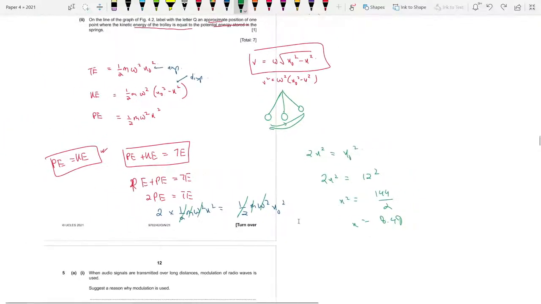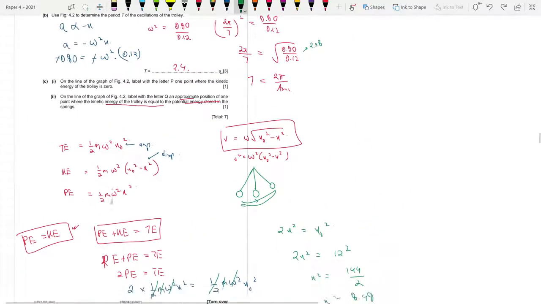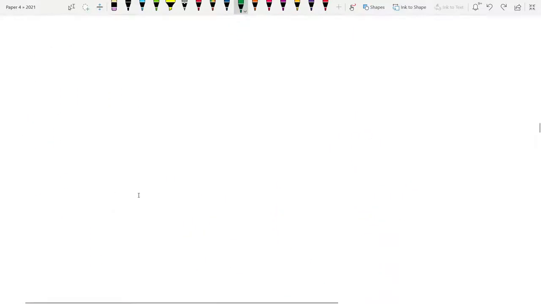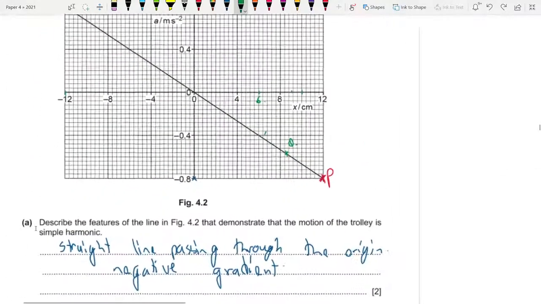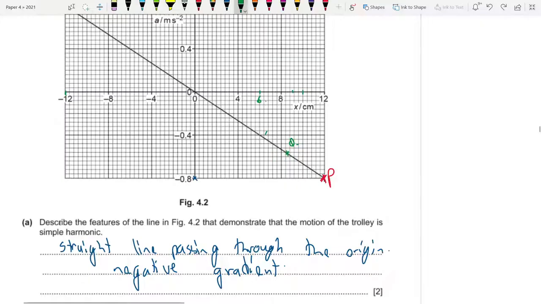So the exact place where Ke is equal to Pe is 8.49. Okay, so it's gonna be somewhere over here. This is 6, this is 8, this is 10, and this is 9. So it should be between 8 and 9, somewhere here, okay?